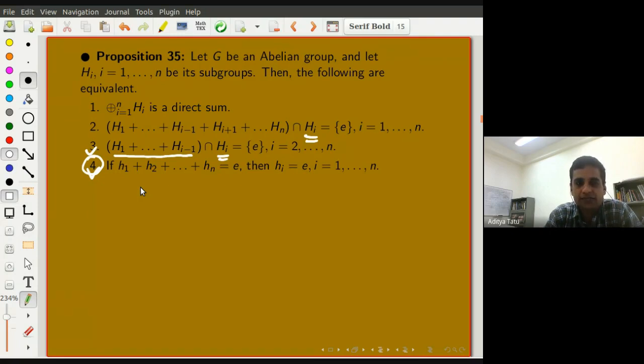All of H1 to Hn are subgroups of G, so all contain the identity element E. The trivial decomposition of E is E plus E plus E, n times. If that is the only way to represent E as a sum of elements from H1 to Hn, then the sum of these subgroups is also a direct sum. Is that clear?